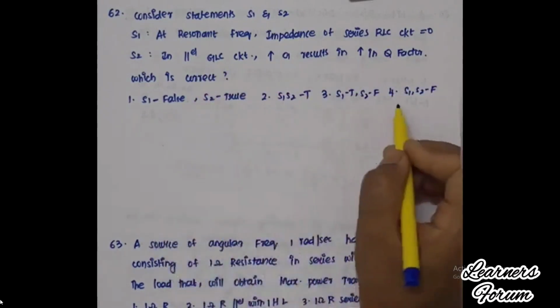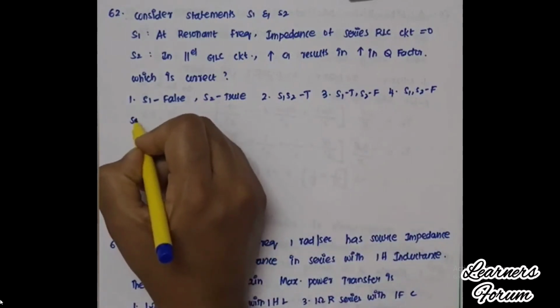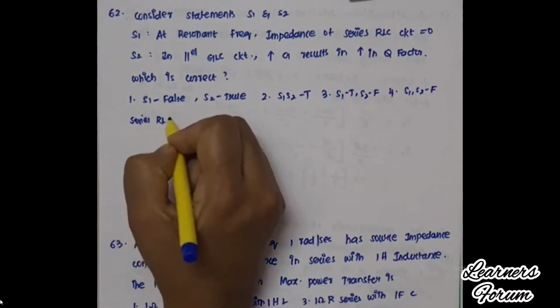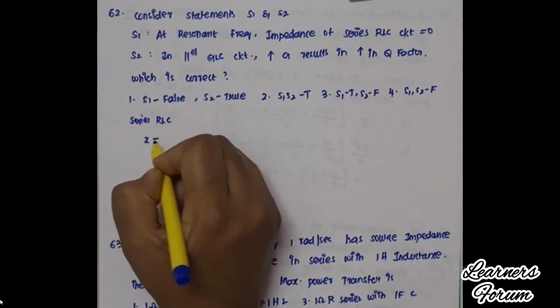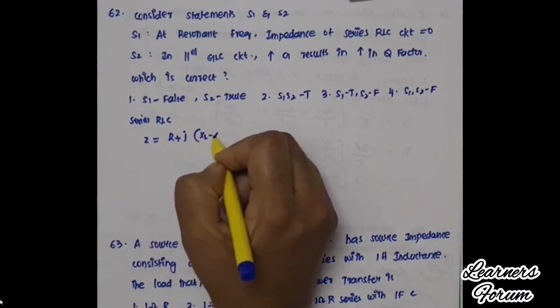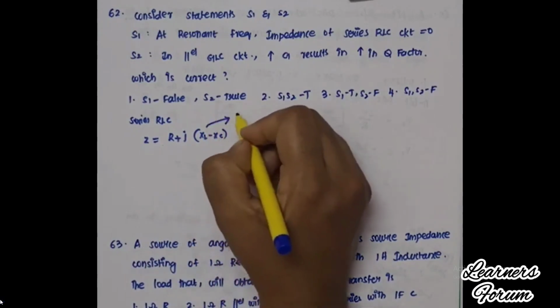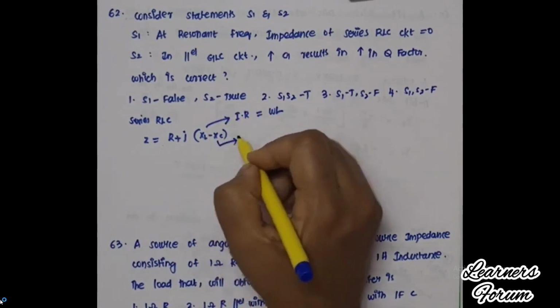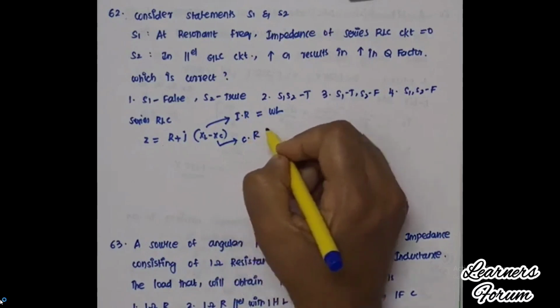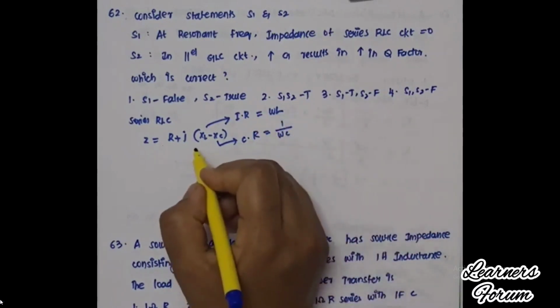Let us analyze each statement separately first. The first statement is about a series RLC circuit. In a series RLC circuit, Z is equal to R plus j into (XL minus XC). At resonance, XL refers to inductive reactance, equal to omega L, and XC refers to capacitive reactance, equal to 1 by omega C.